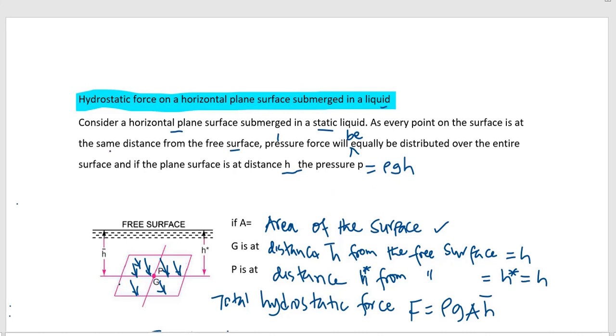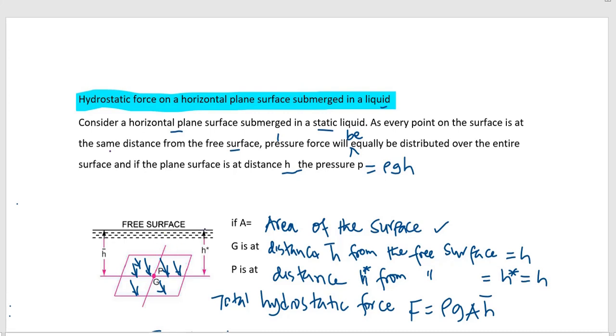Now look at this diagram. This is a rectangular plane surface which is at the bottom of this fluid and is at a distance h bar and h star, because these two distances are equal and they are equal to h, because the center of pressure P and the center of gravity G are all at the same distance from the free liquid surface.